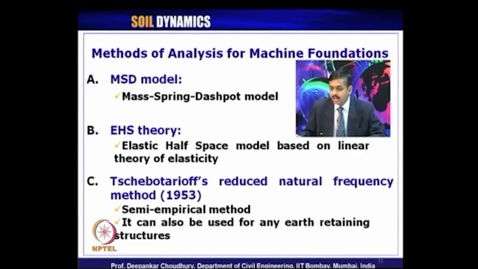This is a kind of semi-empirical method, where Shobetaryev had proposed, for different types of soil and based on different exciting frequency, the reduced natural frequency of the machine plus foundation system. So, it is a semi-empirical method proposed through design charts by Shobetaryev.